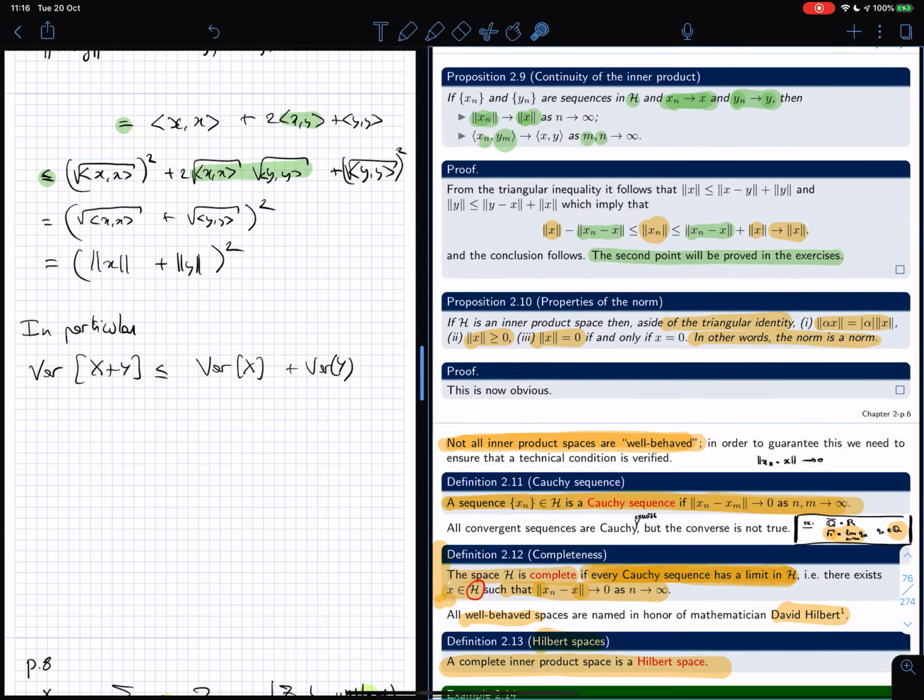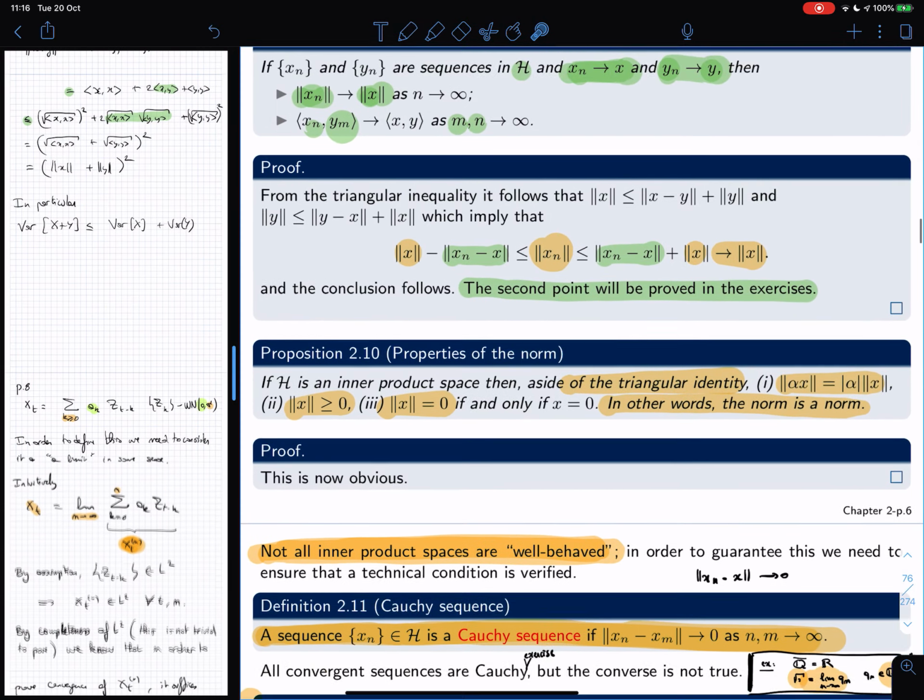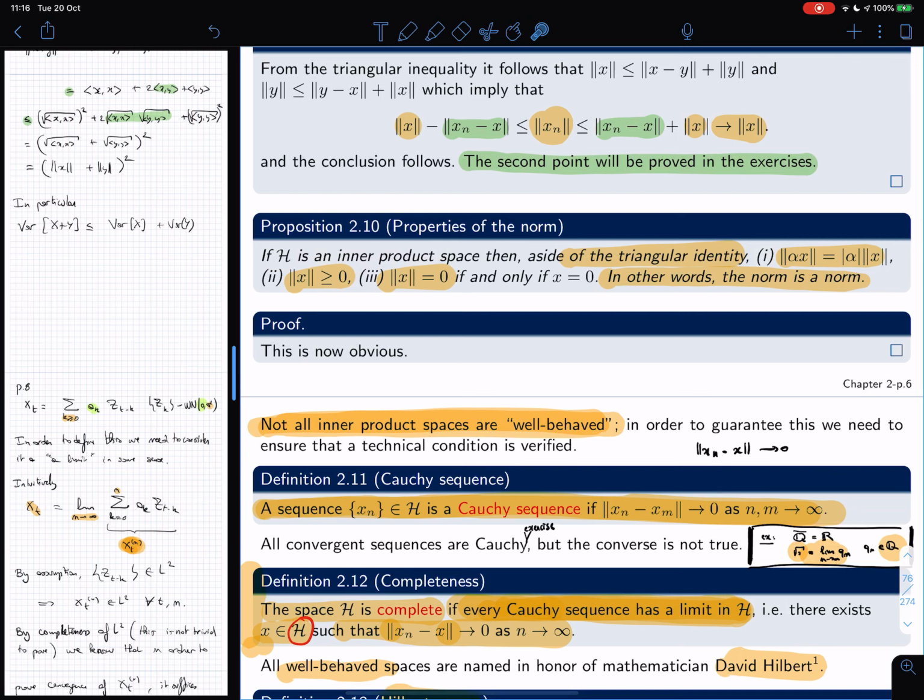We identify this by defining the notion of a Cauchy sequence. A sequence is Cauchy not if it converges, but if any two elements of the sequence become arbitrarily close as you move forward in the indices. So if the norm of the difference between xn and xm goes to 0 for n and m going to infinity.